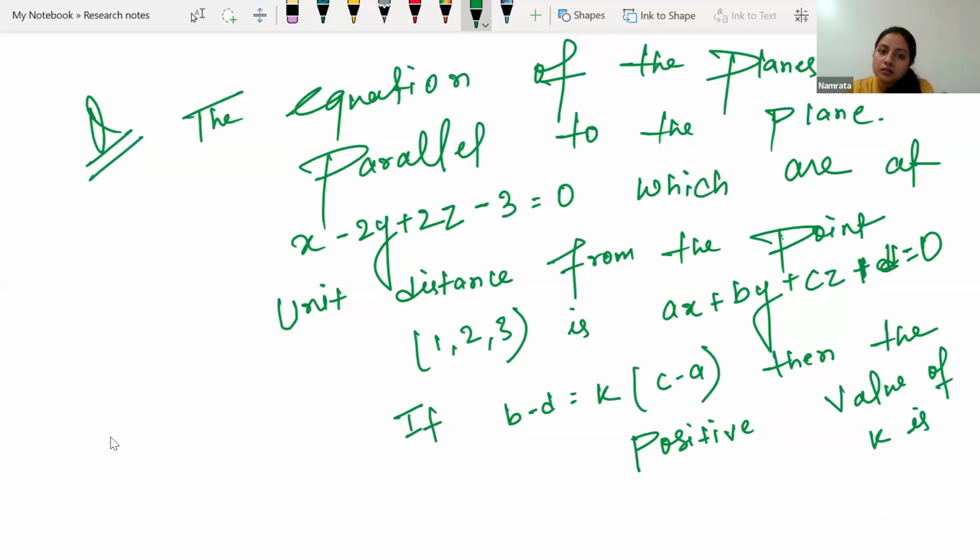The equation of a plane parallel to this plane. If we have to assume an equation of a plane which is parallel to this plane, can you tell me what we will assume? What can be the assumption?